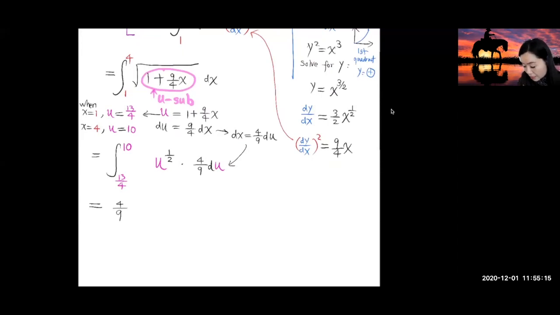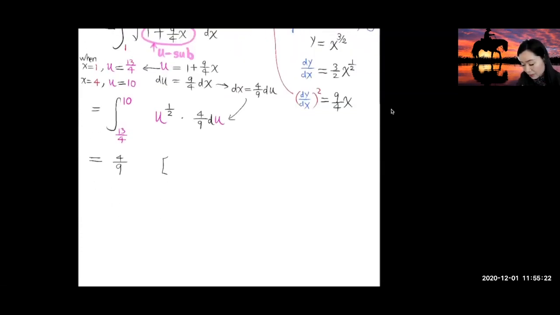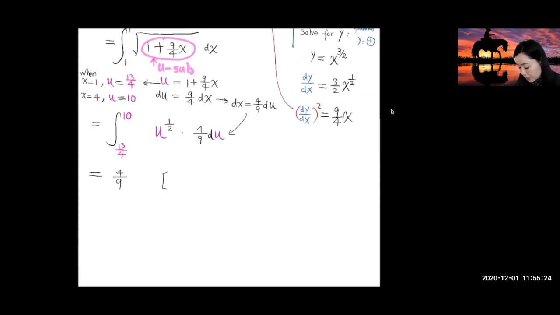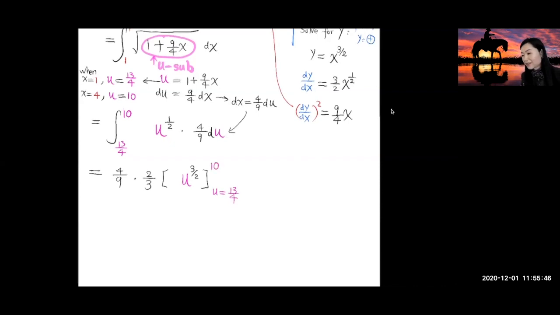And what's the antiderivative of u to the 1/2 power with respect to u? That will be u to the 3/2 power, multiplied by 2 over 3, the reciprocal. And remember, u changes from 13 over 4 to 10. Then you just do the calculation.